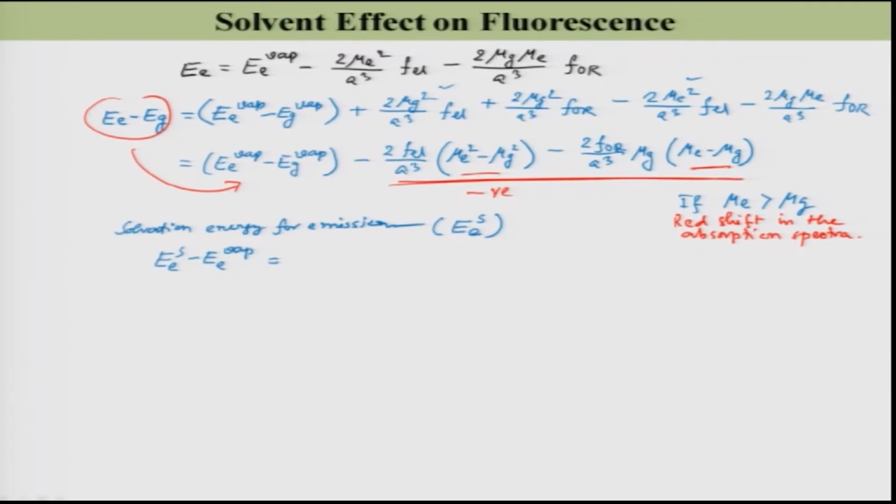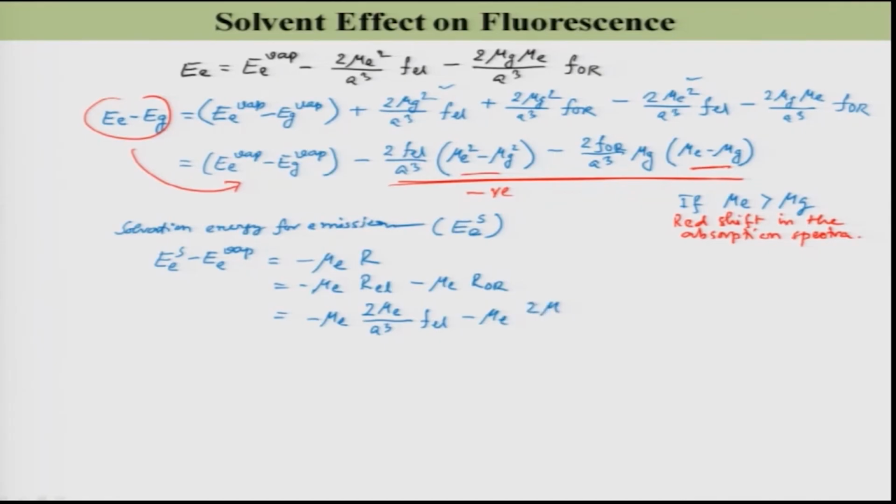So, let me do it quickly over here. So, this is equal to minus mu E R, this is equal to minus mu E into R EL minus mu E into R OR, is equal to minus mu E twice mu E by A cube F EL minus mu E twice mu.